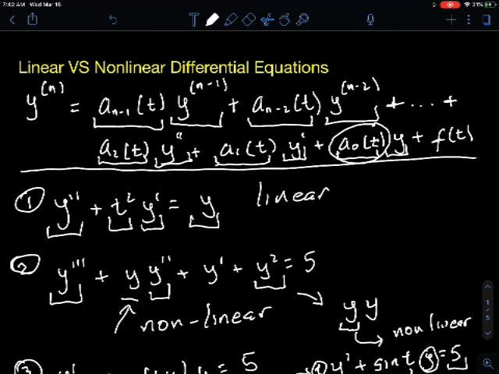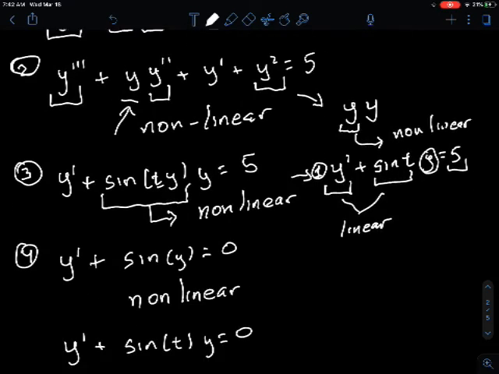Remember, the y is next to a function that depends on t. We don't have any sine, cosine, tangent, or any other function. We have y derivatives in decreasing order, and then we go down to a y variable, and next to the y variable we should have a function that depends on t.